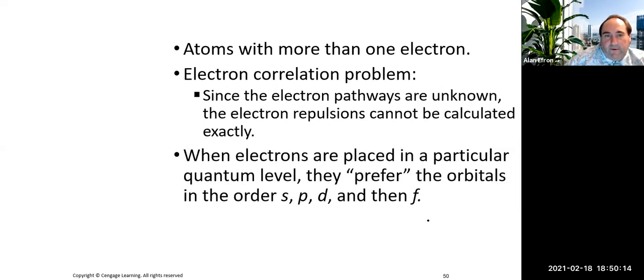So for atoms with more than 1 electron, when we have electrons placed in particular quantum numbers, they prefer a certain order in terms of how the electrons go into the atom.